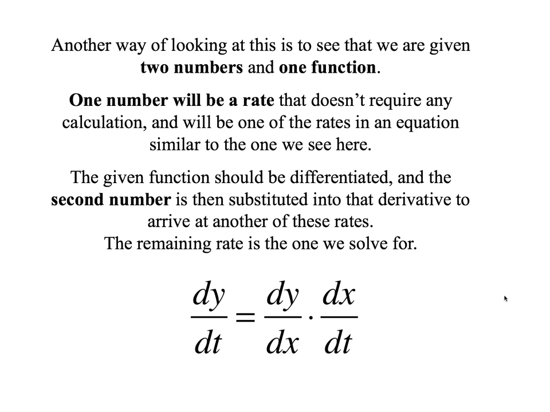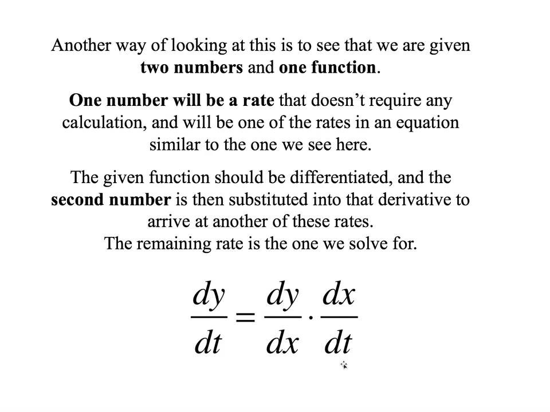Another way of looking at this is to see that we're given in the question coming up two numbers and one function. One number is going to be a rate. That won't require any calculation, and that rate will be in this position in the equation, or it will be in this position in the equation.